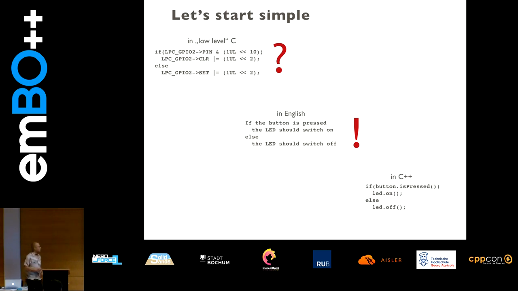So now the question is, how do I get there, so that I can write my code like this without any overhead that is produced by the abstractions? Would you know how to do it out of the box? Which language features to use and which not?